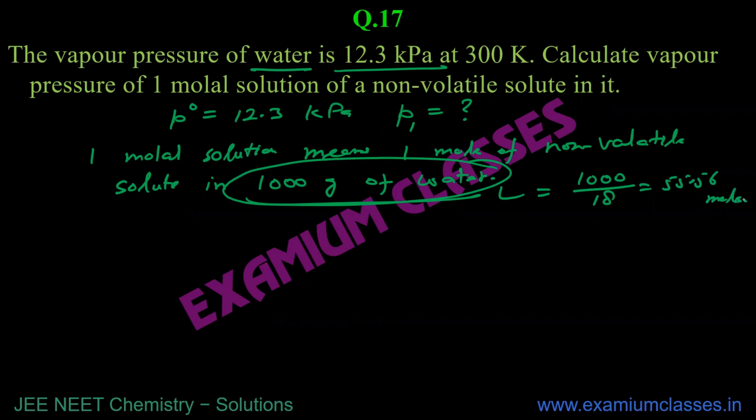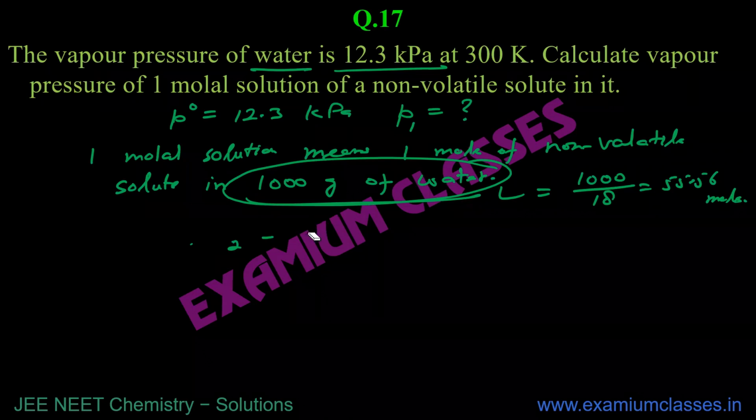And sir, the mole fraction will be 0.017. Yes, correct. Good. So from here you can calculate the mole fraction of solute, which is the number of moles of solute divided by the total moles.